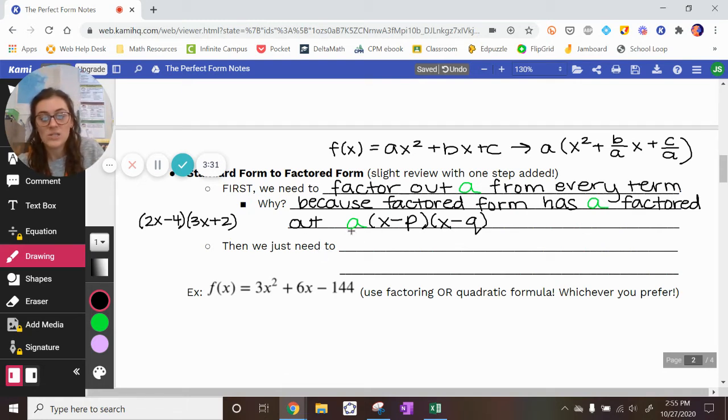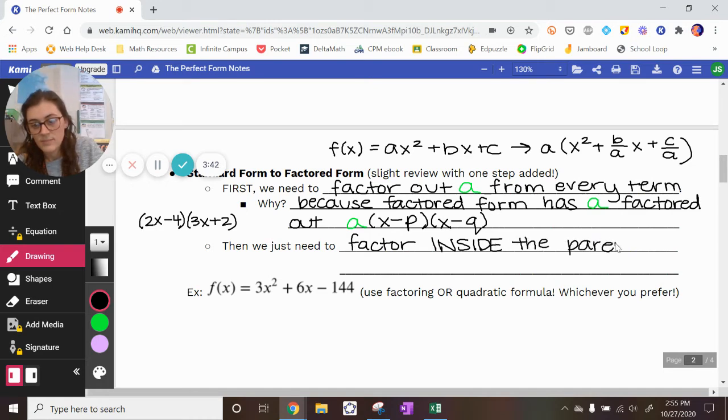So then we just need to factor inside the parentheses using whatever method you want. I'll write the box and diamond method.